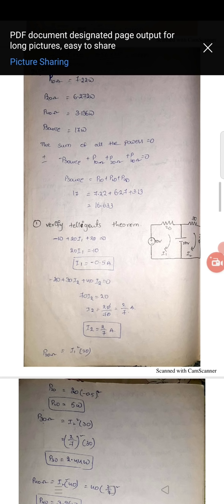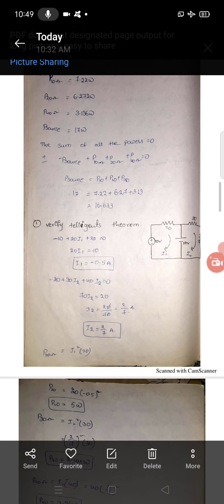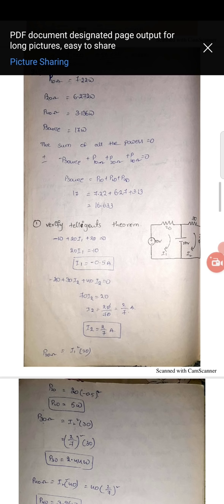What do you get for the first loop? Minus 10 plus 20 into I1 plus 20 equals 0, right? That is 20 into I1 equals minus 10, so I1 is equal to minus 0.5 amperes. Similarly, apply KVL to loop 2.